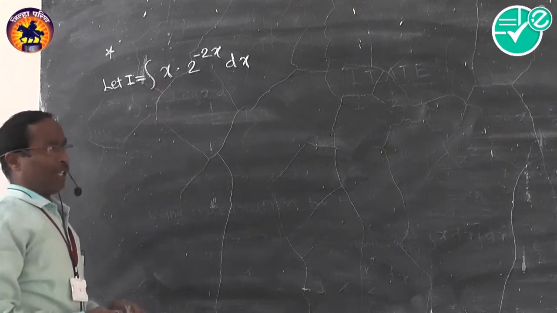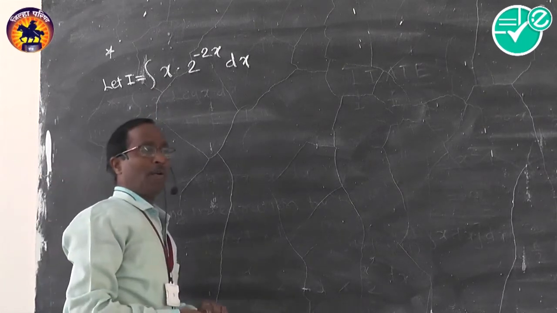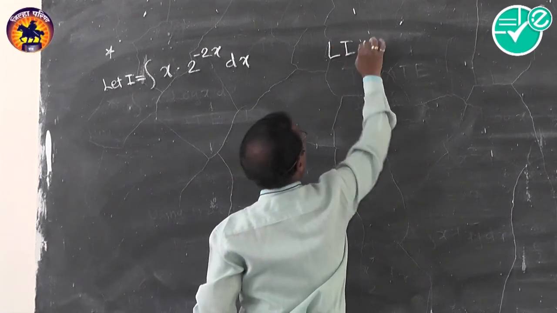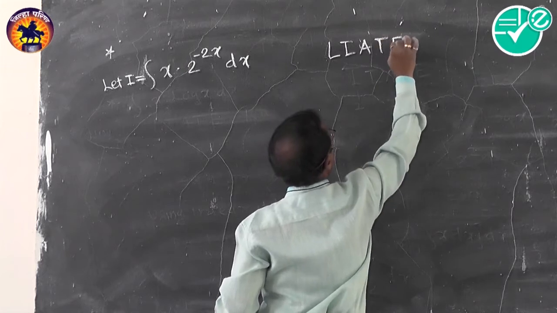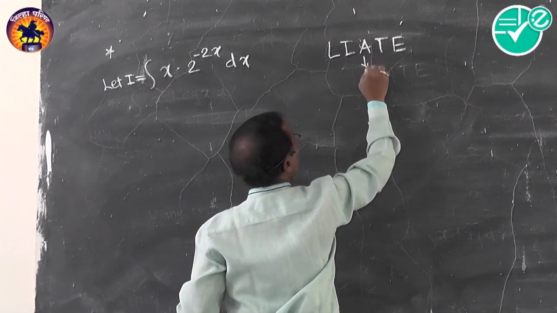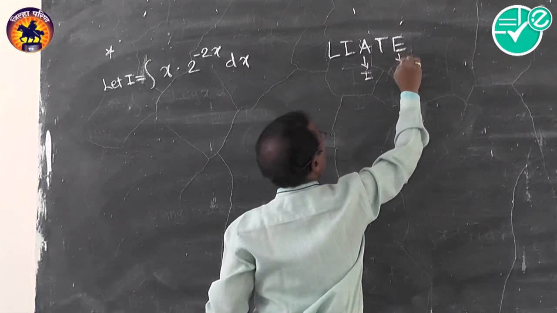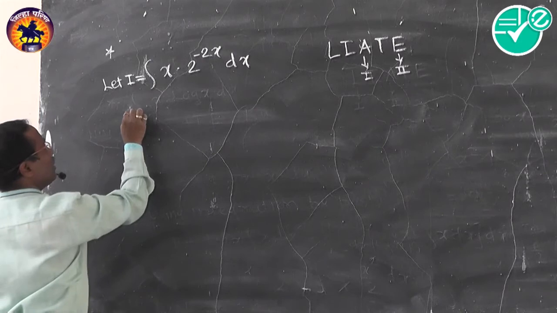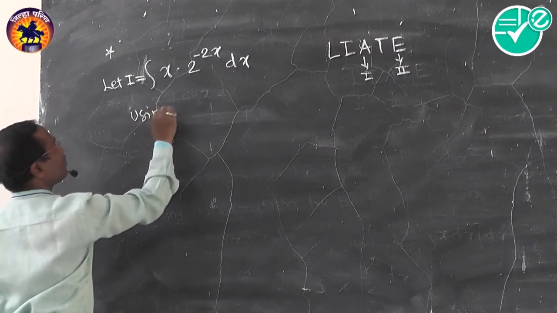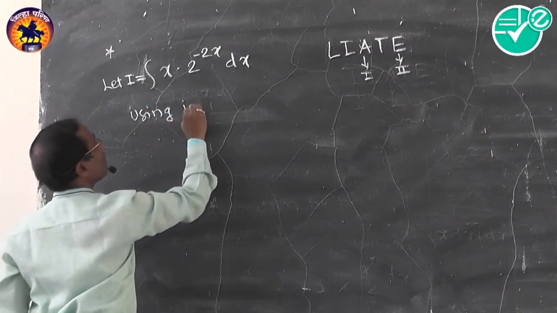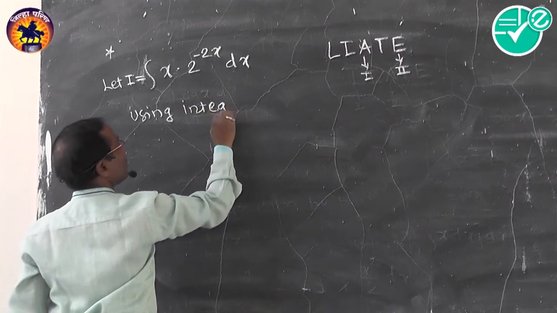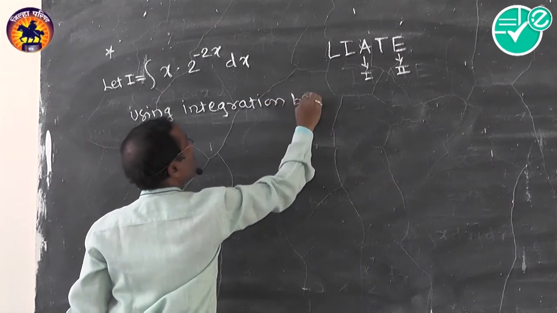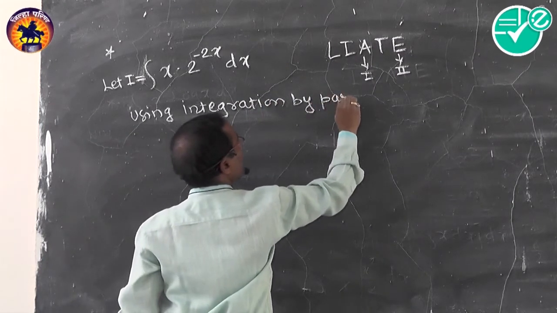x is an algebraic function and 2 to the power minus 2x is an exponential function. So we apply here the LIATE rule. Algebraic function first and exponential function second. So keep x as it is, using integration by parts.